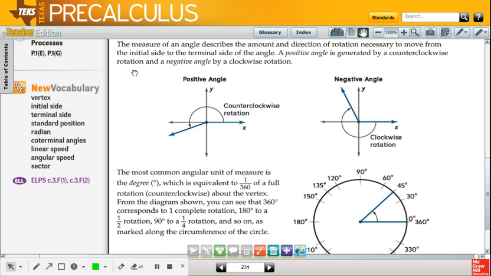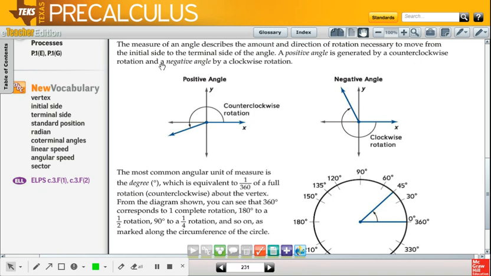From the initial side, here we have an example of a positive angle. As you can see from the initial side, the rotation is counterclockwise. If you follow the arrow towards the terminal side, you see how a positive angle is formed on the XY plane.